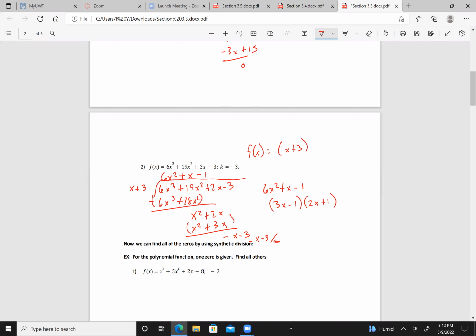And again, we can FOIL this. 6x squared plus 3x minus 2x minus 1 gives me x.